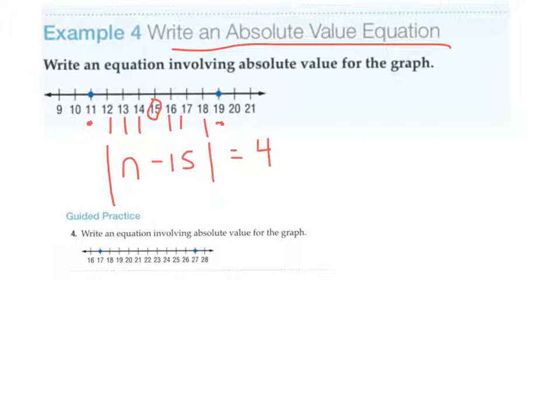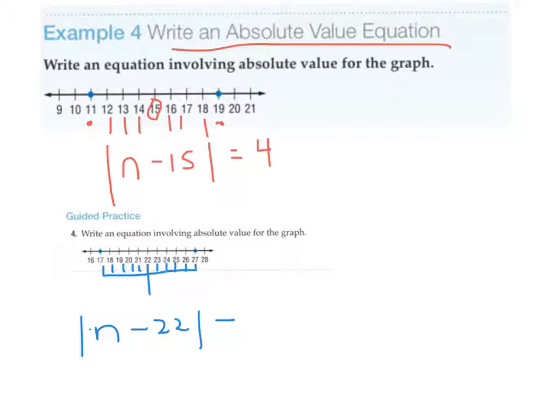Let's do that again down here. So we need to find the distance between 17 and 27, the middle point of it. So 18 and 26 and 19 and 25 and 20 and 24 and 21 and 23. So our middle point's 22. It's a positive, so I'm going to go the opposite and absolute value.